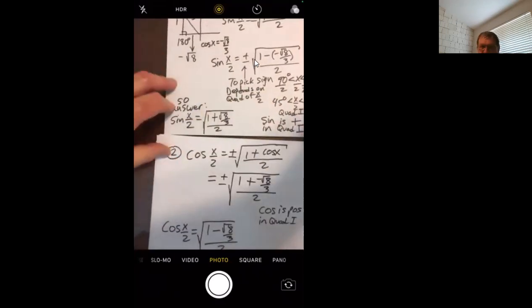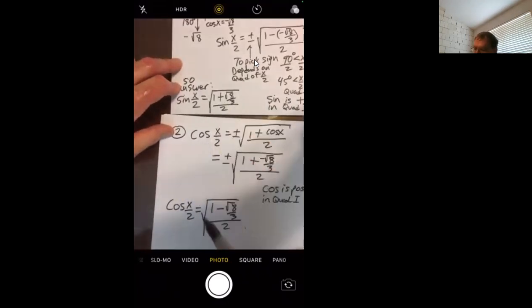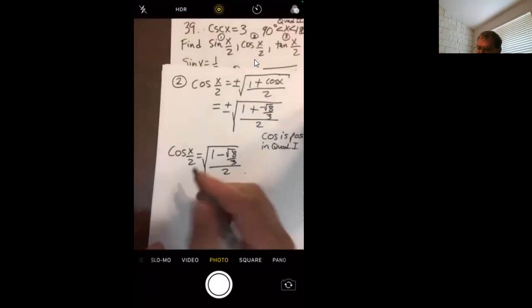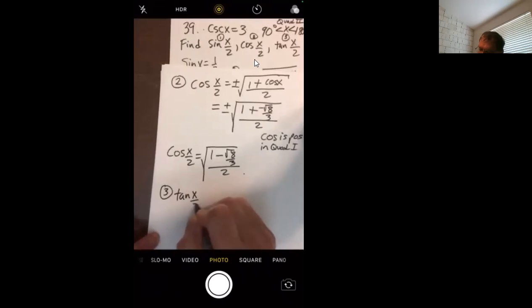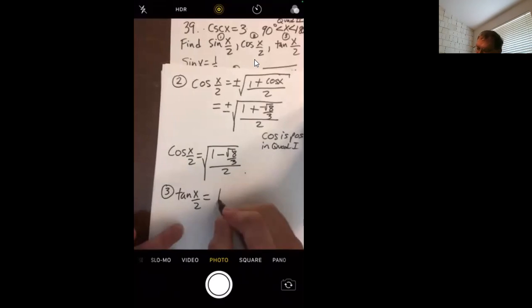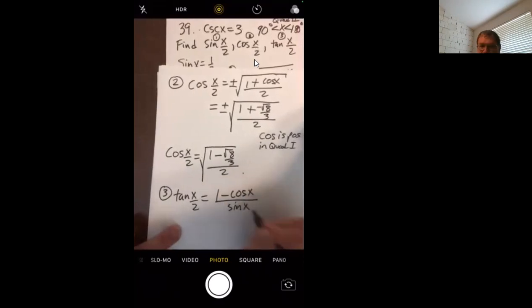And I don't know, it just strikes me as a little too complicated to go sine of x over 2 over cosine of x over 2. So I'm just going to pick out one of the tangent formulas, probably the first one. I should have it memorized. Just pick the first one: 1 minus cosine over sine of x.